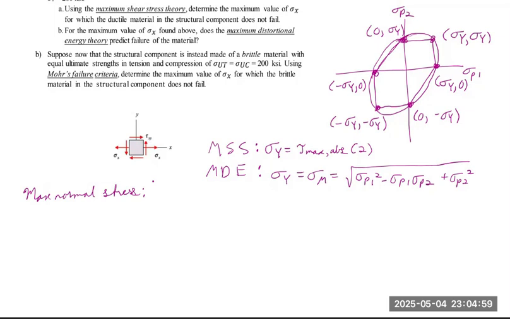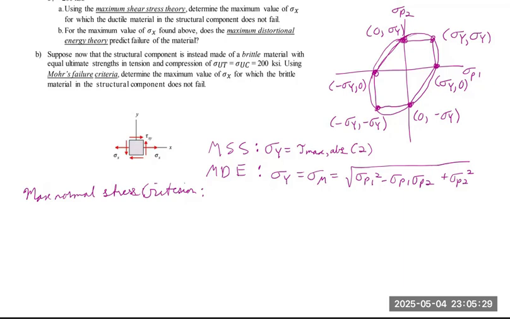So the maximum normal stress failure criterion states that the fracture of a brittle material occurs when the maximum principal stress equals or exceeds the ultimate normal stress when the same material fractures in a uniaxial test. Note that this criterion assumes that compressive failure occurs at the same ultimate stress value as do tension failures.